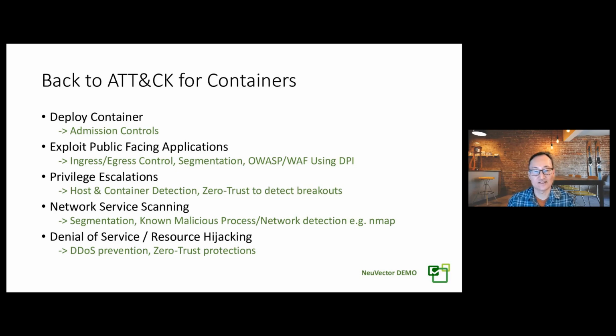Only allow the ones that have been in your zero trust model. We also have built-in detection for known malicious processes, Nmap being the most obvious one as a port scanning process. So we can alert you, we can block those, and we will detect that as a combination of both the network process starting as well as the network connection itself being attempted.